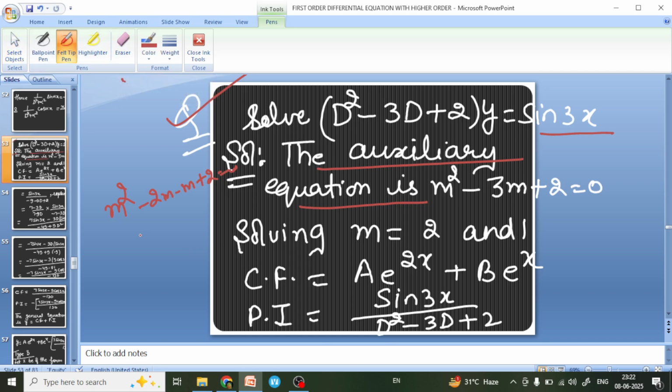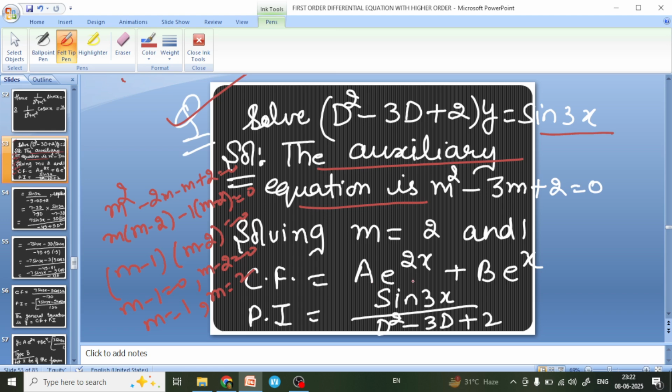Here we take m common, and m minus 2, and 1 common: m(m minus 2) minus 1(m minus 2) equal to 0, so (m minus 1)(m minus 2) is equal to 0. m minus 1 equal to 0, m minus 2 equal to 0, and we will find m equal to 1 and m equal to 2. That means one value of m is 2 and another value is 1.